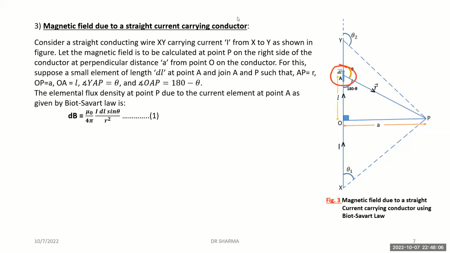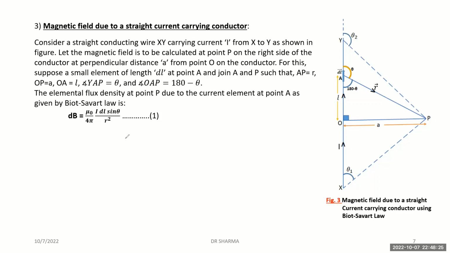To find the total magnetic field at point P due to the whole wire, we need to integrate. But before integrating, remember that there is more than one variable.